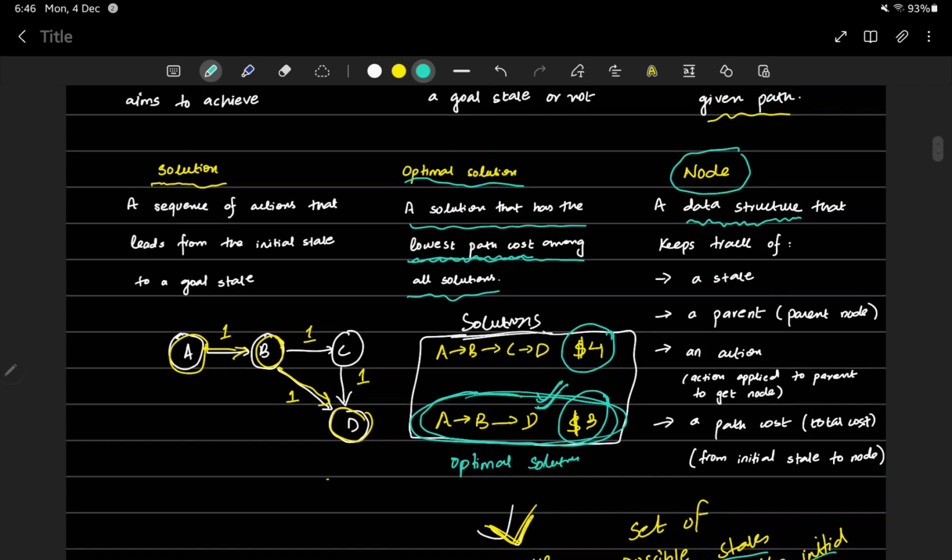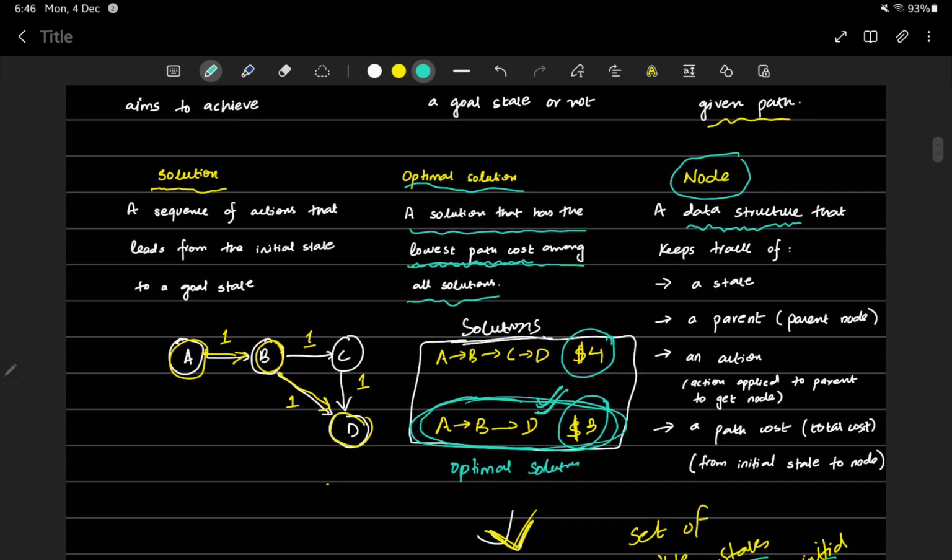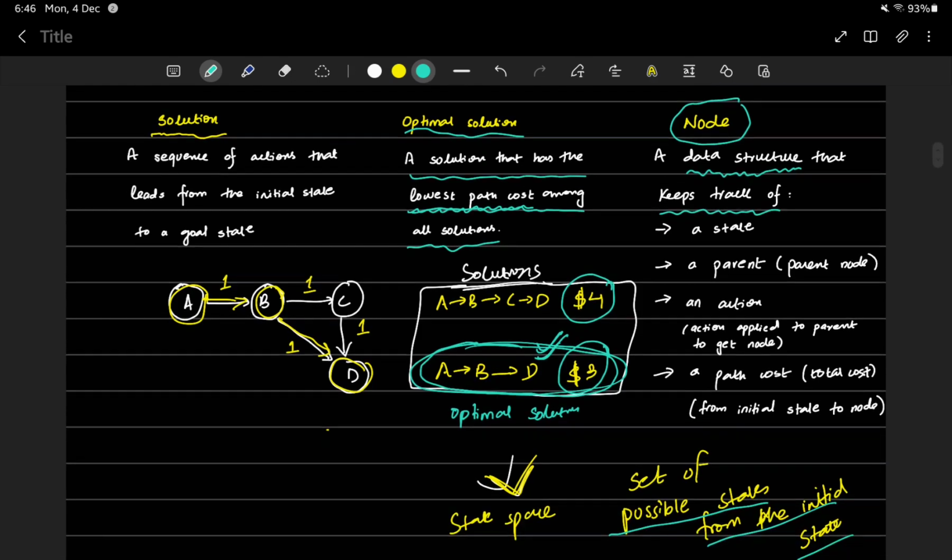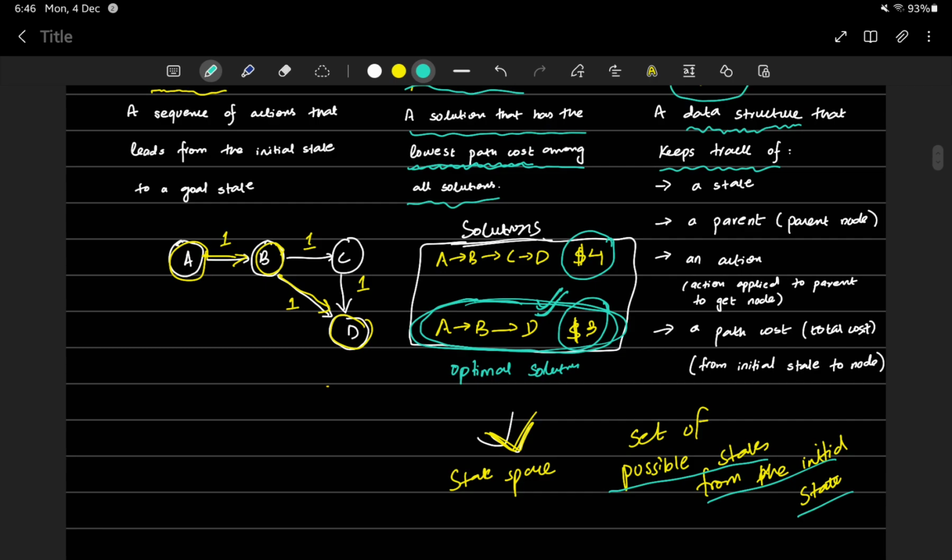So that's it about data structures. A node is nothing but a data structure that stores the following things. Now what does it store? It stores the current state. What state am I in currently, right?